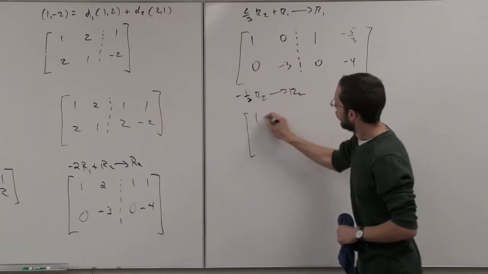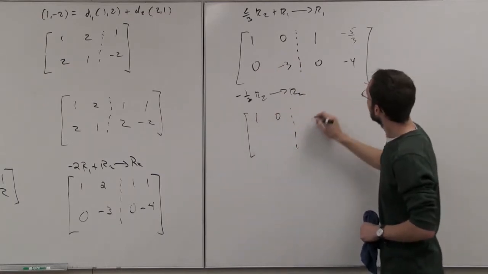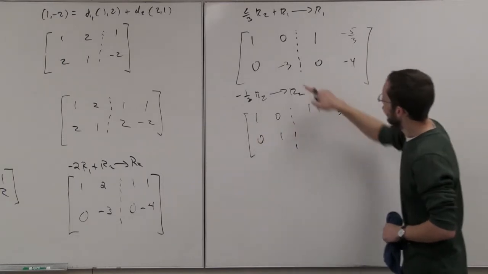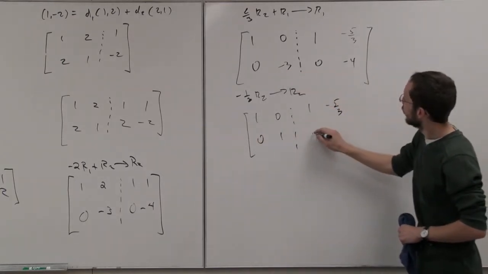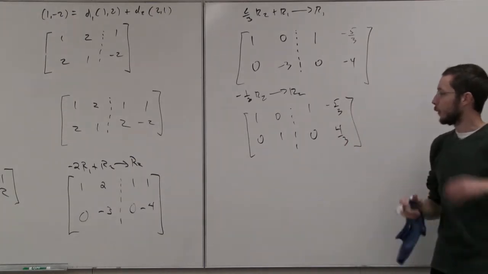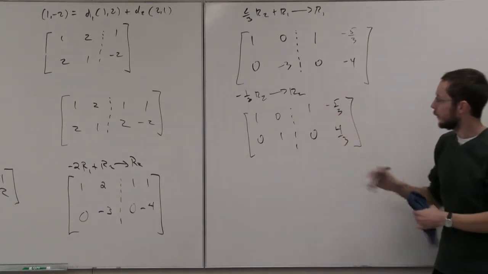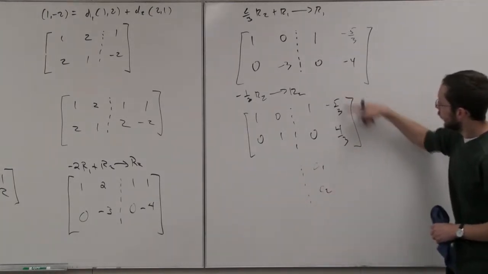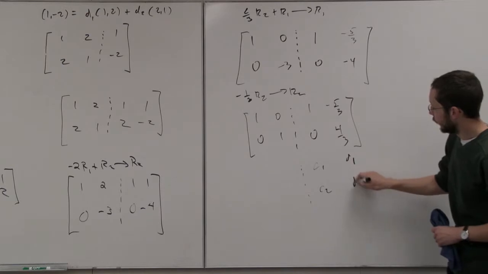And we get the first row stays the same. 1, negative 5/3, 0, and the second row becomes 1, 0, and 4/3. And there we go. This column is the column C1, C2, and this column is D1, D2.